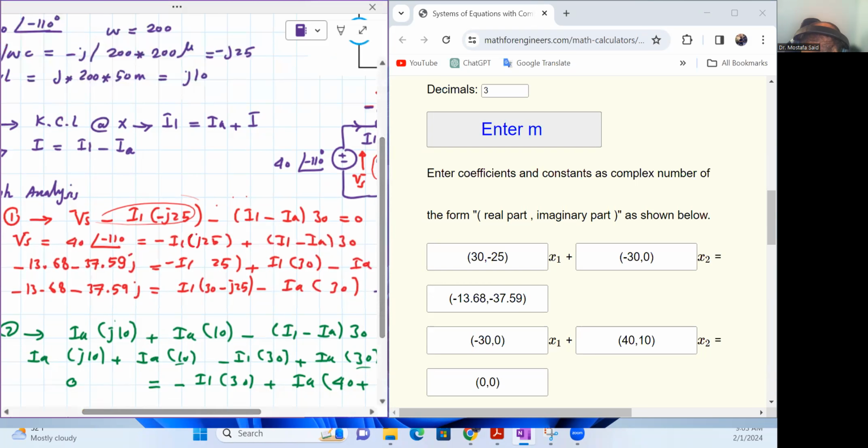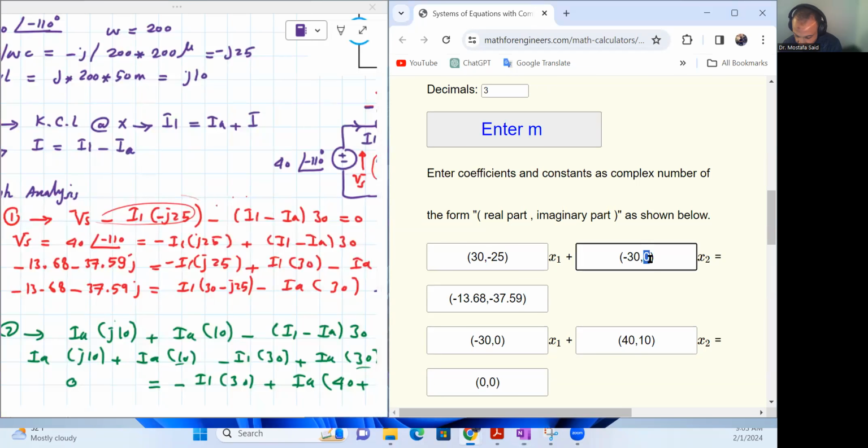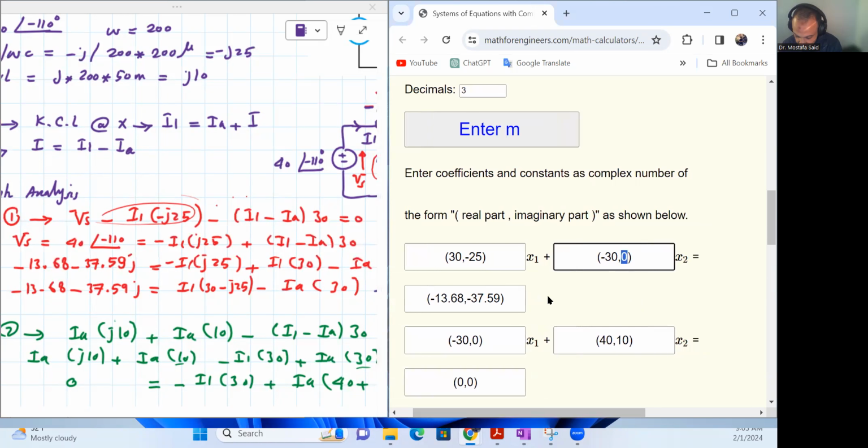So I1, J25. The second coefficient is minus 30, and there is no imaginary part, so we put 0, equal to, so this is the first equation. It has a constant part, which is that one.